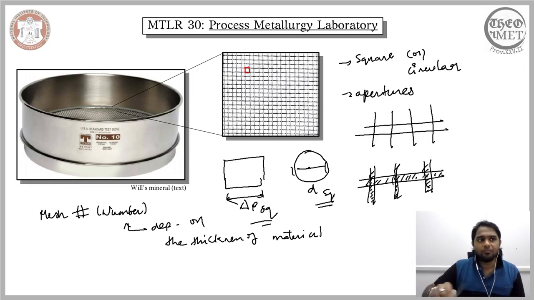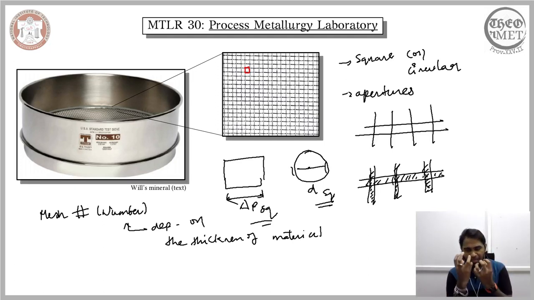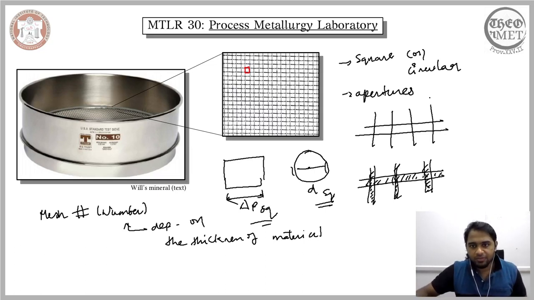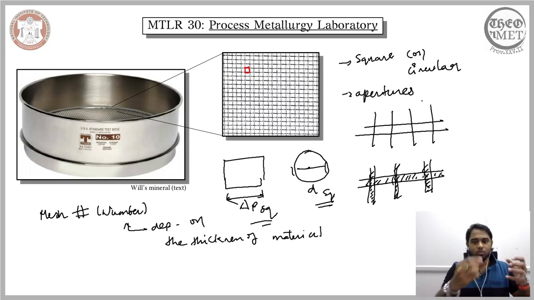Therefore we need a different approach for designating these different sieves. The mesh number is rather restricted because it depends on the thickness of the material used to form the meshes, and we can have thin material and thick material. When we have thin material, the mesh number would be higher even though the size of the aperture is the same. When you use thick material, the mesh number would be lower.